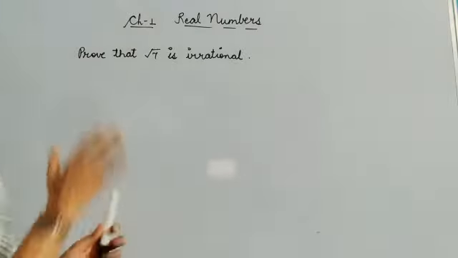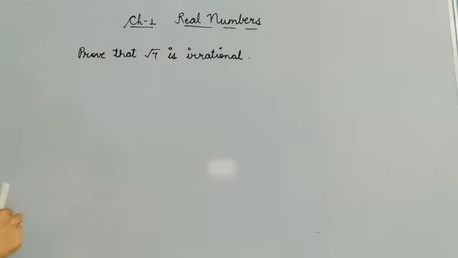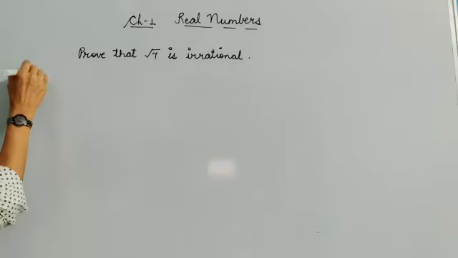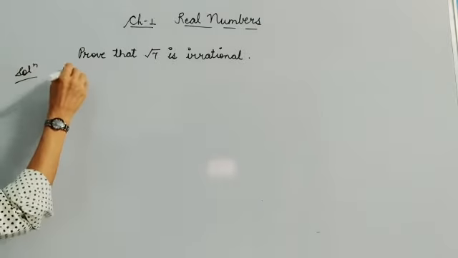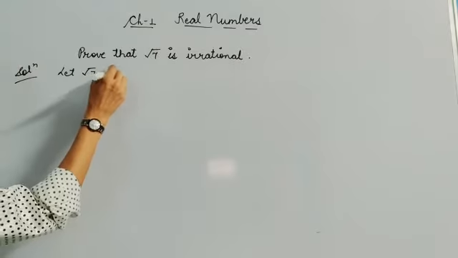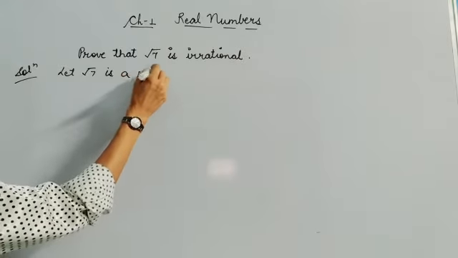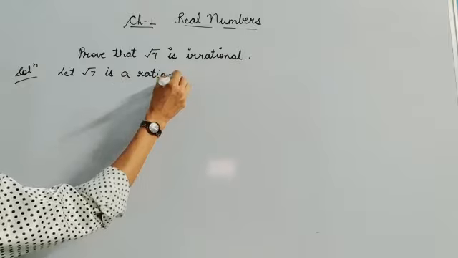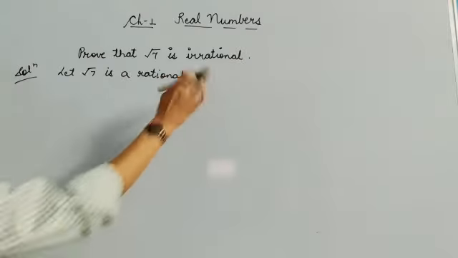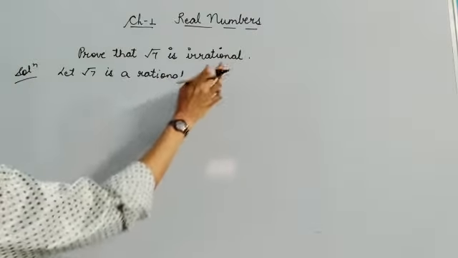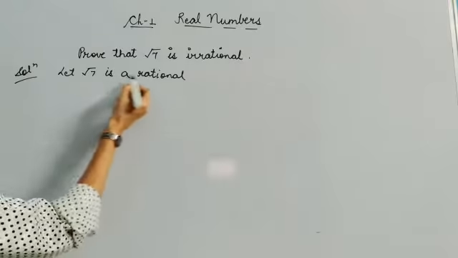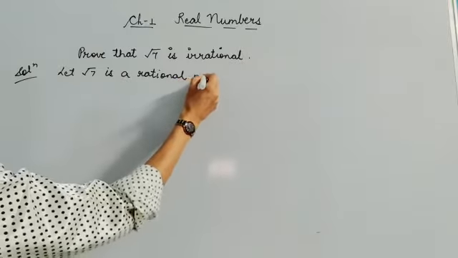Children, for this we have a particular method. We will assume first of all that root 7 is a rational number. Since the method is contradiction method, we will take just the opposite of what we want to prove. So let root 7 be a rational number.